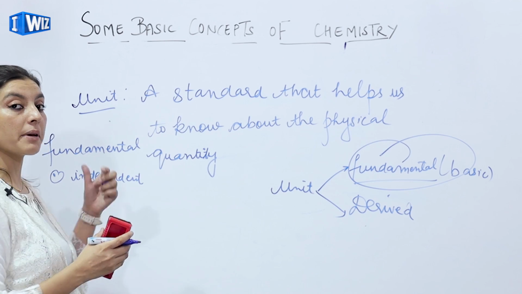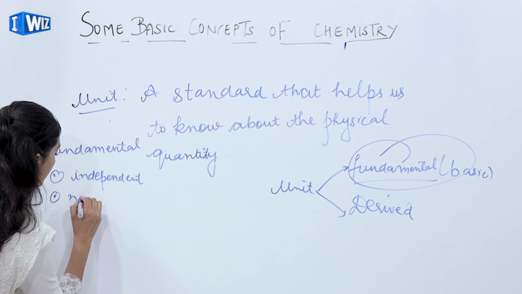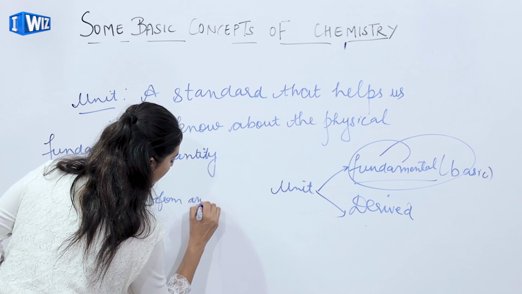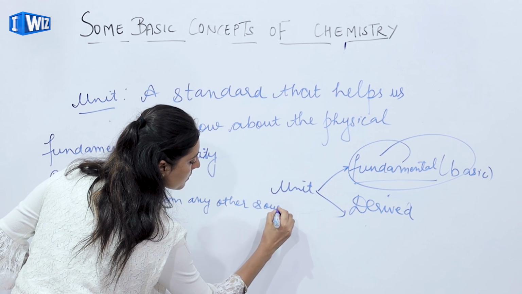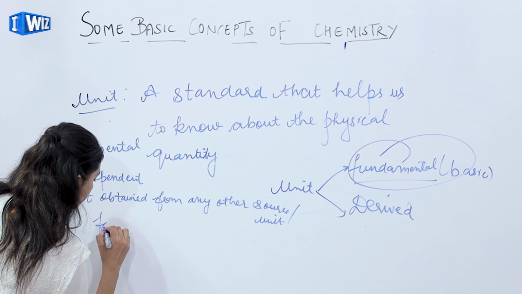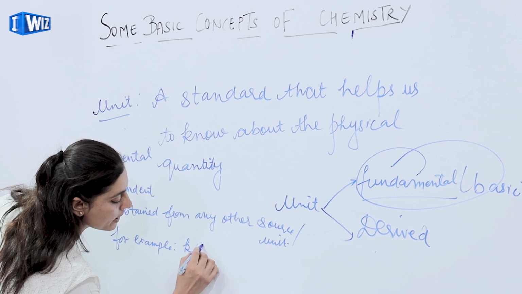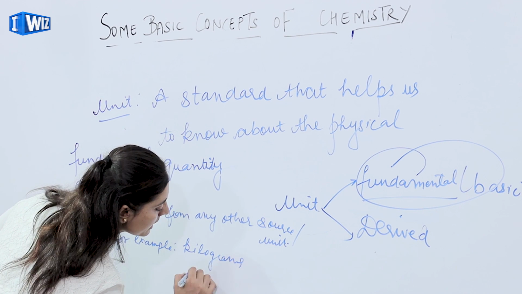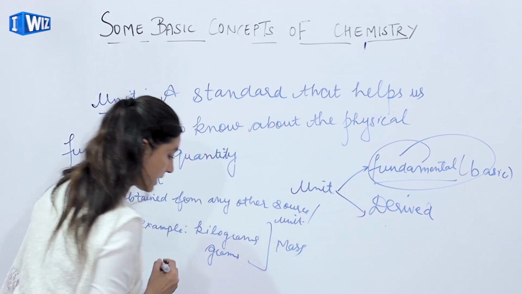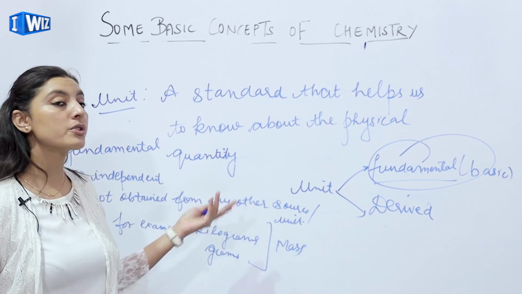They might be the basis of any other further unit, but they are not obtained from any other unit. For example, kilogram. This is a very basic unit of mass. Kilograms, grams, these are the basic units of mass, which are not further dependent on any category or any source.